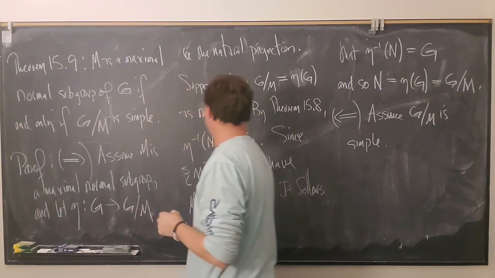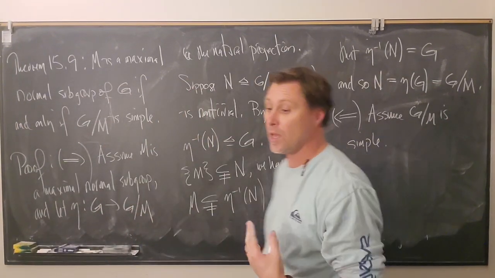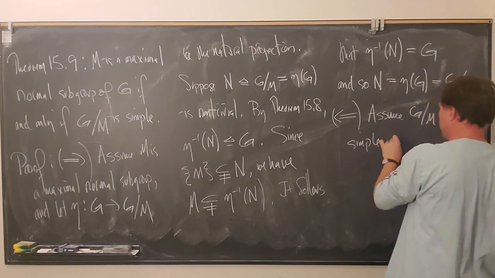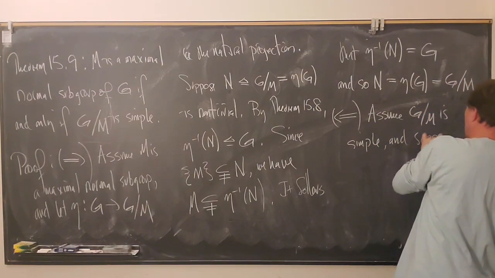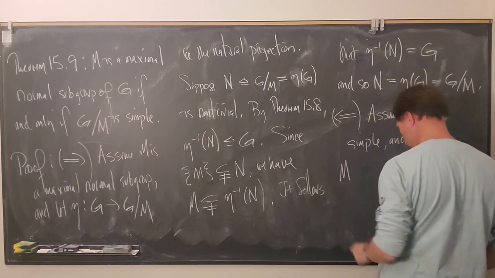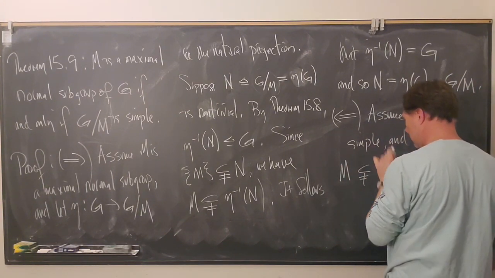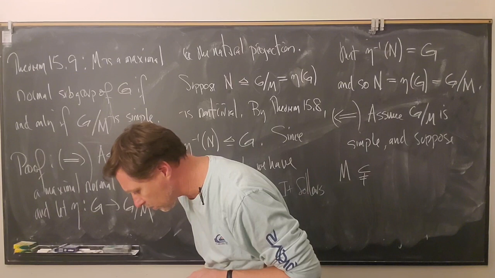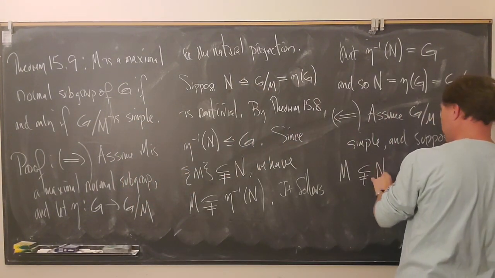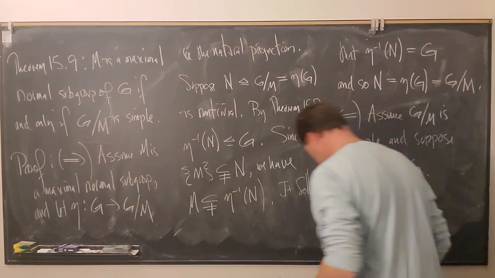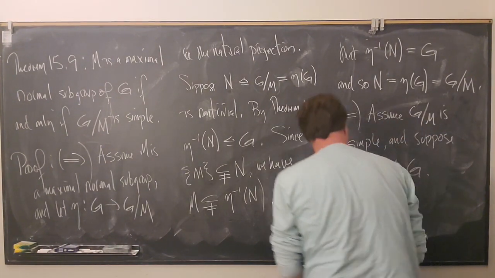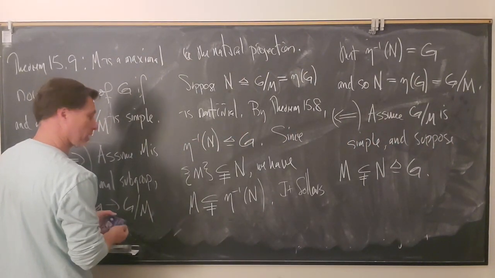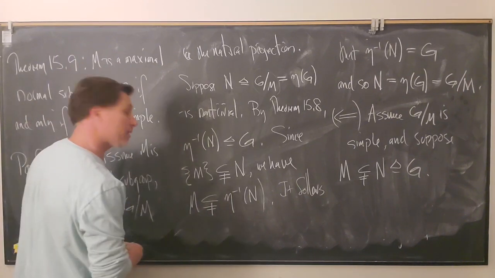We need to show that M is not properly contained in any proper normal subgroup of G. So suppose that M is properly contained in the normal subgroup N of G. So our job then is to prove that N is equal to G. That will allow us to conclude that M is a maximal normal subgroup.